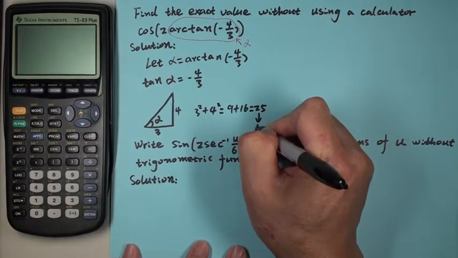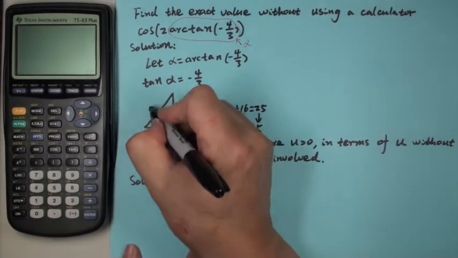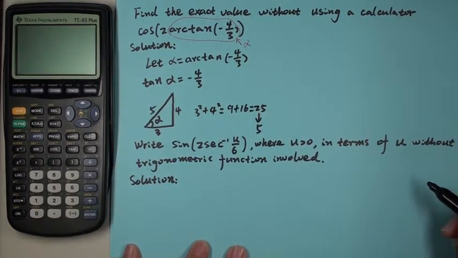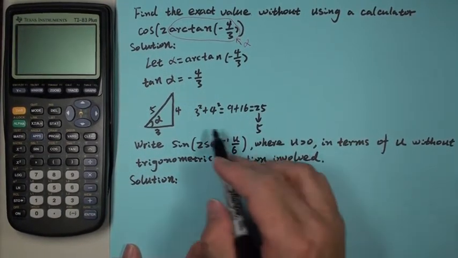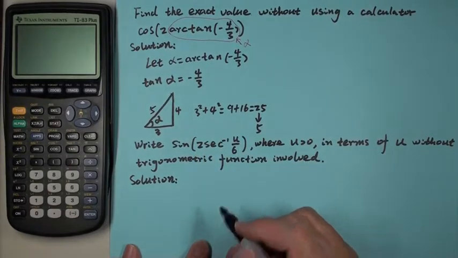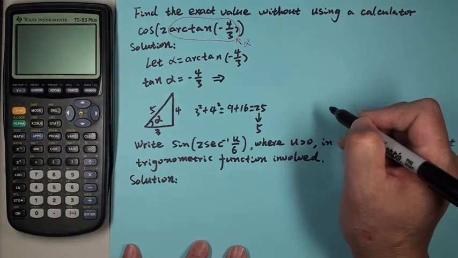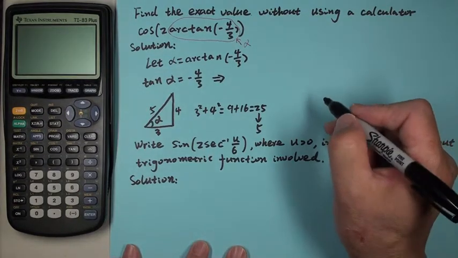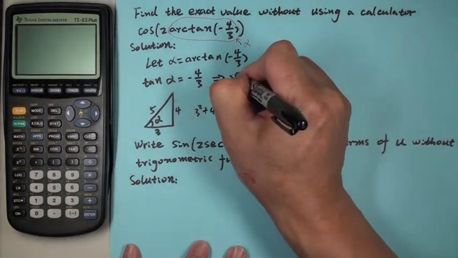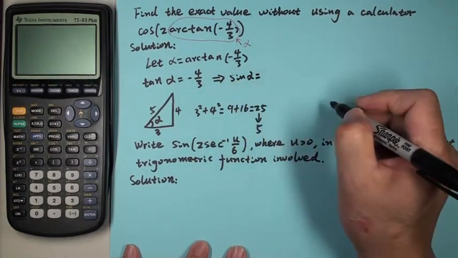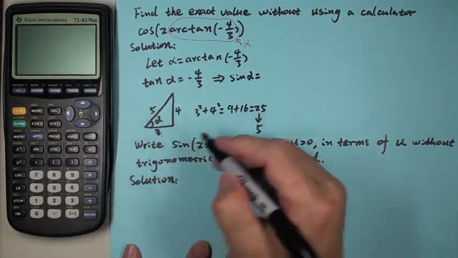This gives us the hypotenuse, 5. Yes, this is the Pythagorean theorem. Now, based on that, we have two things. One is that sine alpha is 4/5.